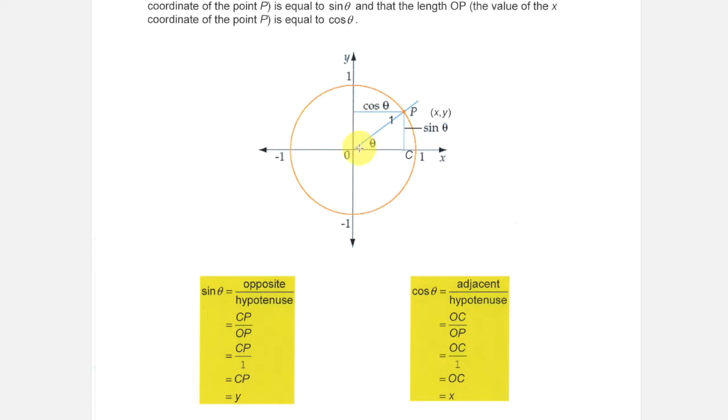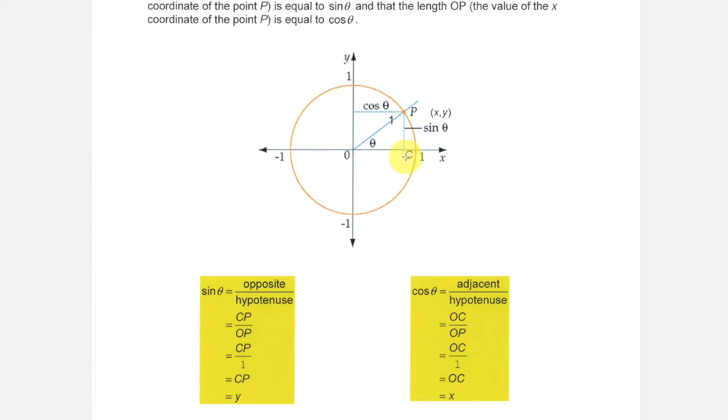Given this is a unit circle of radius 1, it should also be clear that this hypotenuse in the triangle is equal to 1 as well. The opposite is CP. The hypotenuse is OP. Now, the hypotenuse is equal to 1, so it's CP over 1, which is just CP.